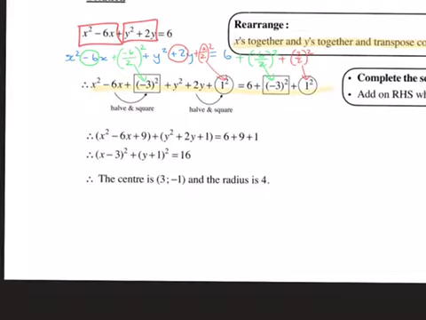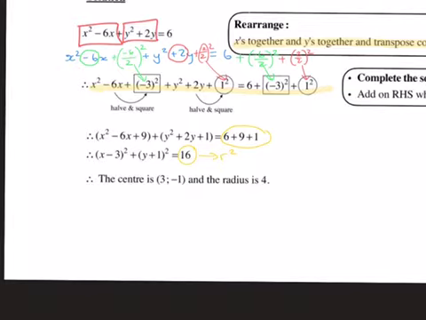Right. So let's just fix up the right-hand side. So the right-hand side becomes 6 plus negative 3 all squared plus 1, which is 6 plus 9 plus 1, which is 16. Okay, so you sort out that side. That is your radius squared.